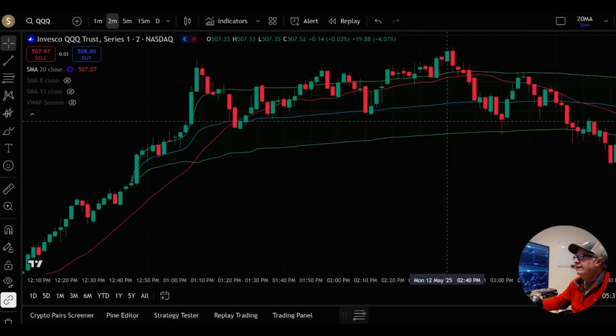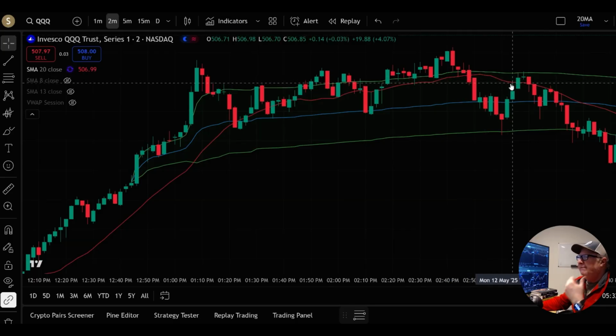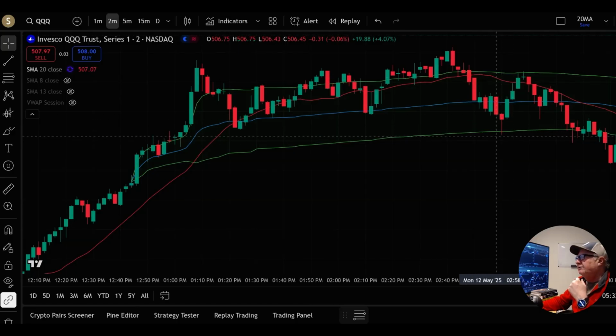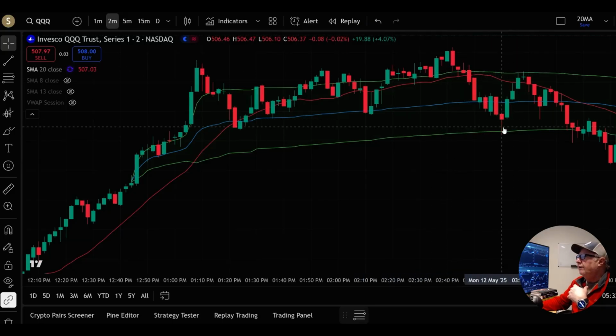But you can use it in connection with the 20 to give you targets, to give you areas to look for reversals, just like you use the 20 as a starting point for a move like a power bar. You can use VWAP and the standard deviation away from VWAP to look for places for the market to run into either resistance or support.